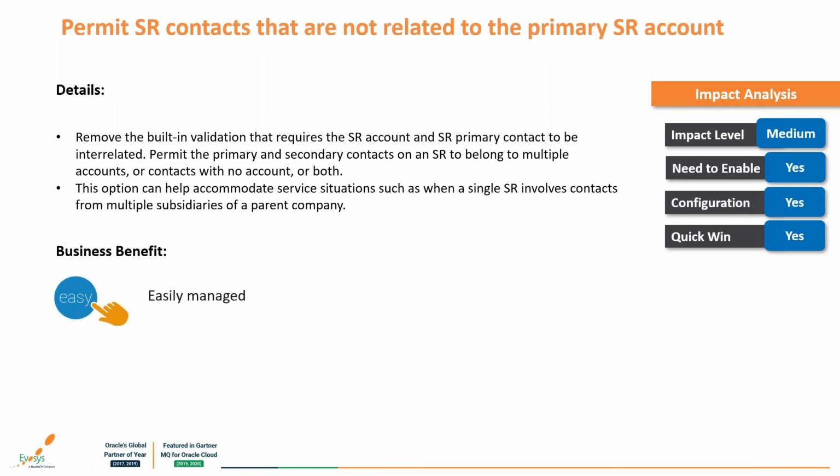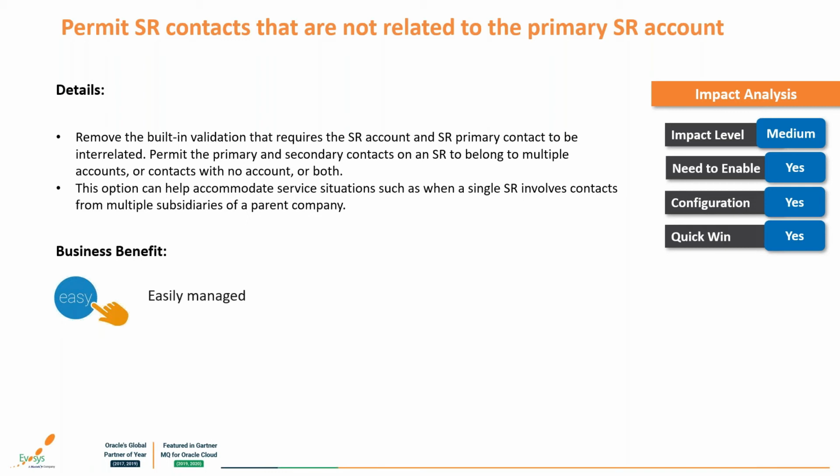Now they don't need to be interrelated. This permits the primary and secondary contacts on a service request to belong to multiple accounts or to have no account, or both.